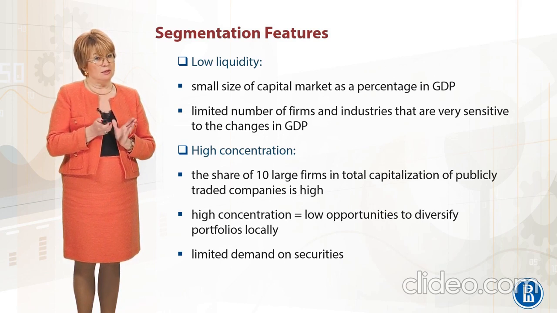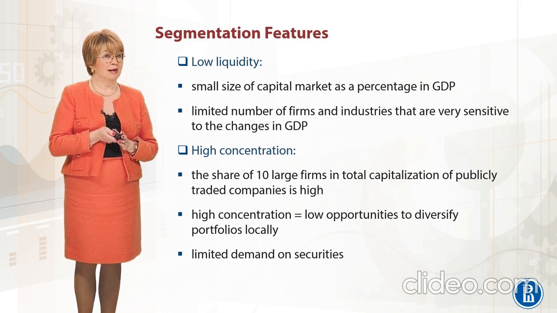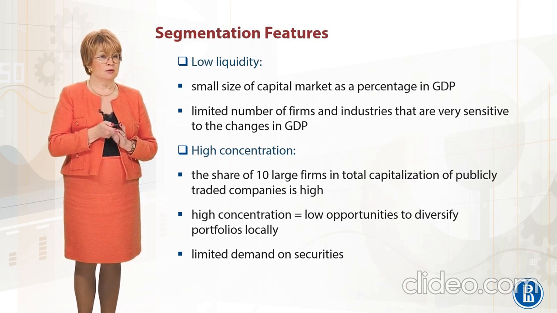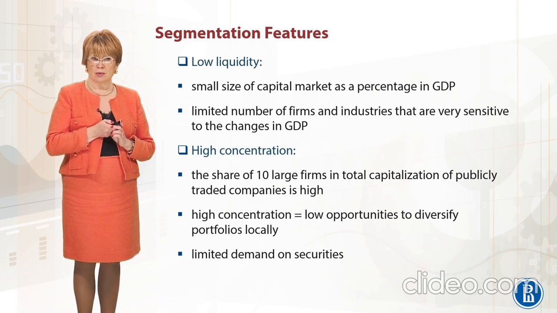There could be a limited number of firms represented by the securities in the market, and a really limited number of industries and even sectors of the national economy represented in that market, and a very limited number of firms and industries could be very sensitive to changes in the gross domestic product.